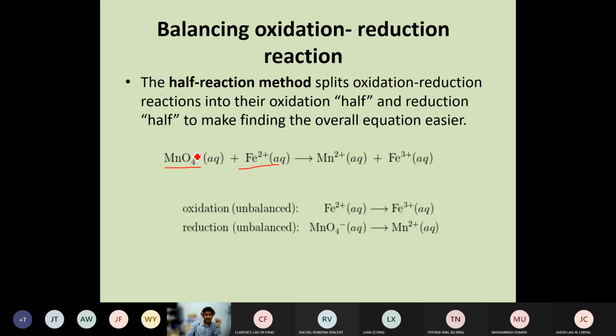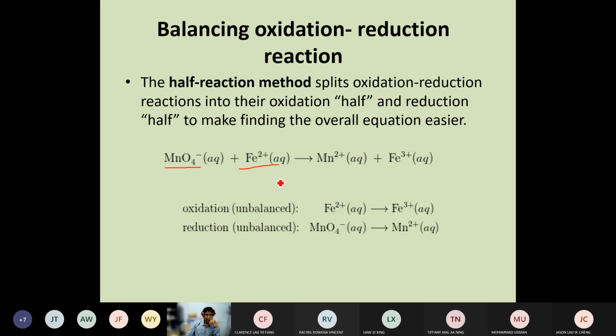Ferrous ion is reacting. This is the net ionic reaction. We do not know what was there, whether it was potassium permanganate or sodium or whatever, and iron can be iron chloride, iron oxide. We do not know. Just a net reaction is given.